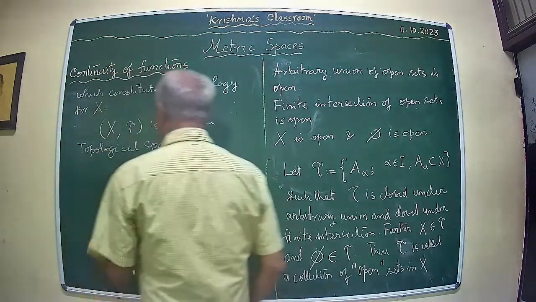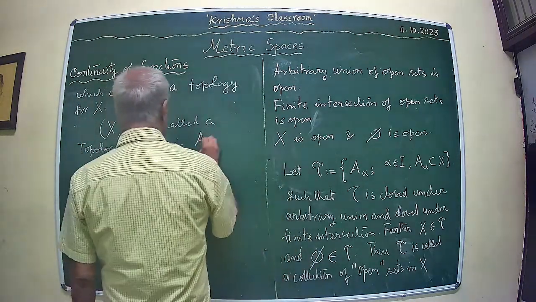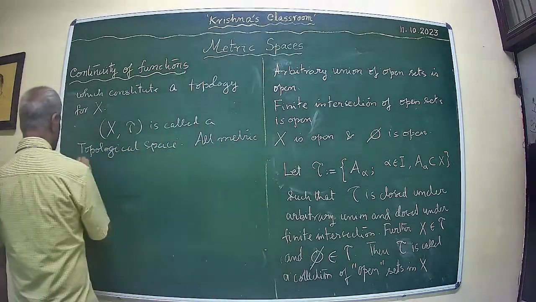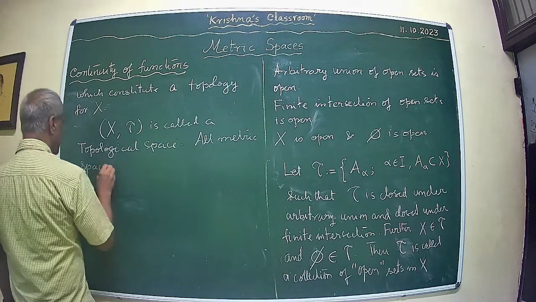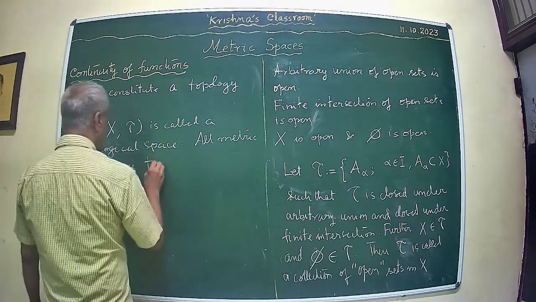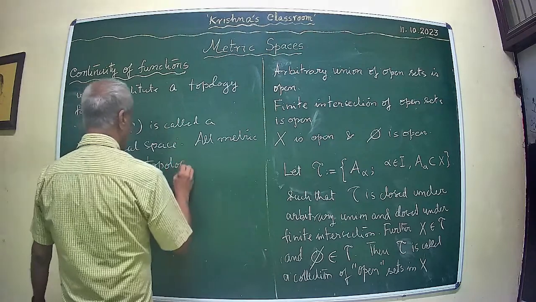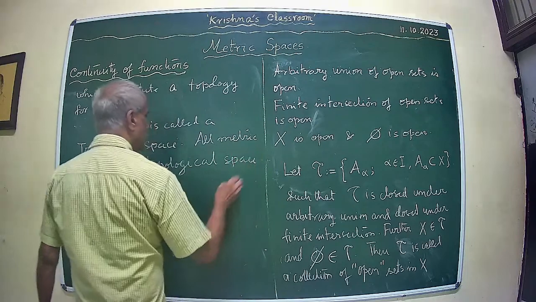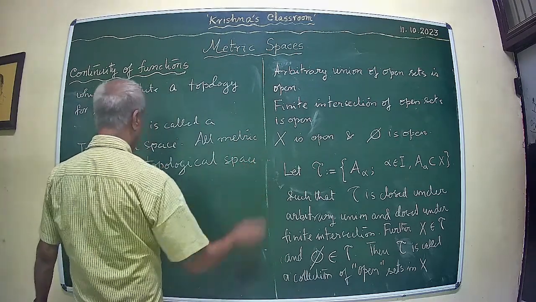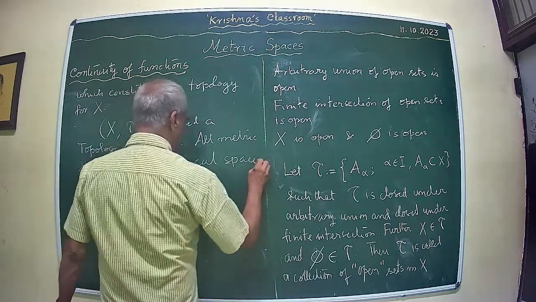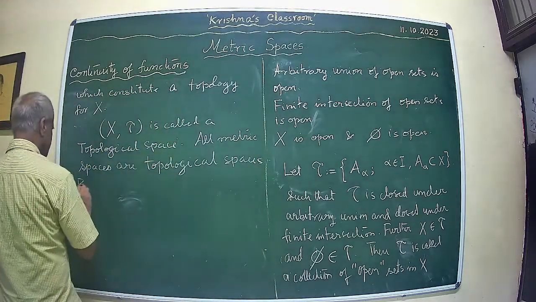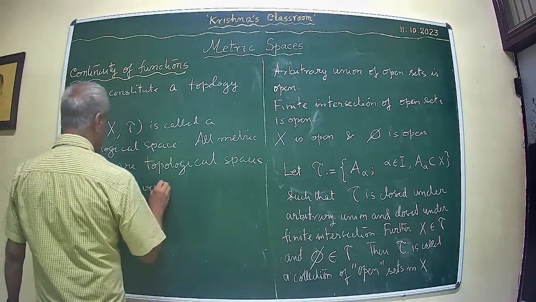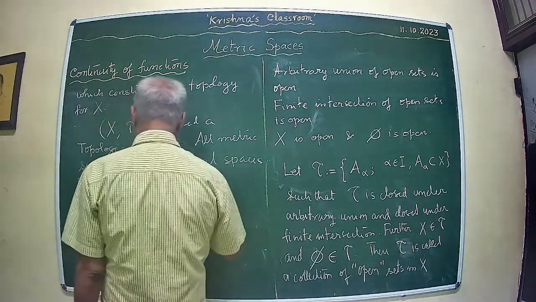Now all open sets, now see all metric spaces are topological spaces, but the converse in general does not hold.